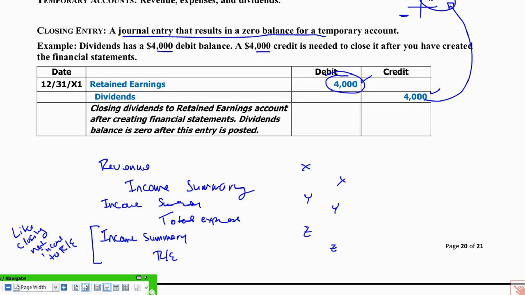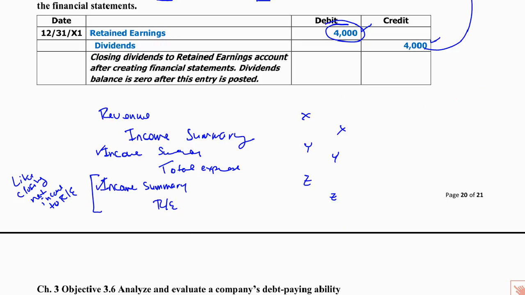It's okay to do that. But I want you to know that there's this other account called income summary, and it's typical for revenues and expenses to be closed to income summary, and then income summary closed to retained earnings. All right, but this isn't really going to affect income. We've already calculated it. It's just preparing the books for the next cycle.